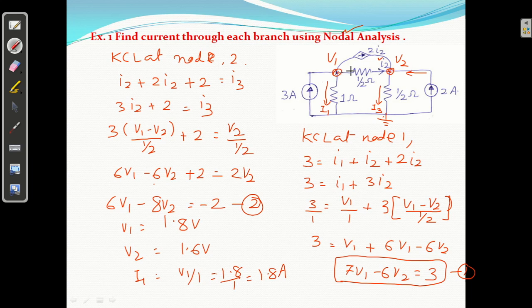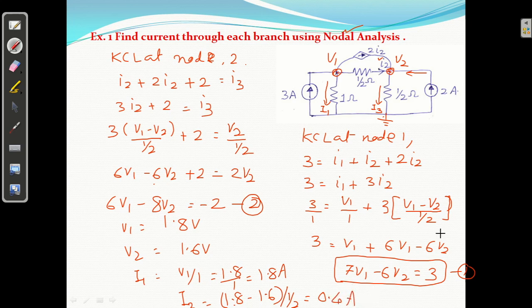I2 is V1 minus V2 upon half, that is 1.8 minus 1.6, which is 0.2, upon half, so 0.4 ampere.